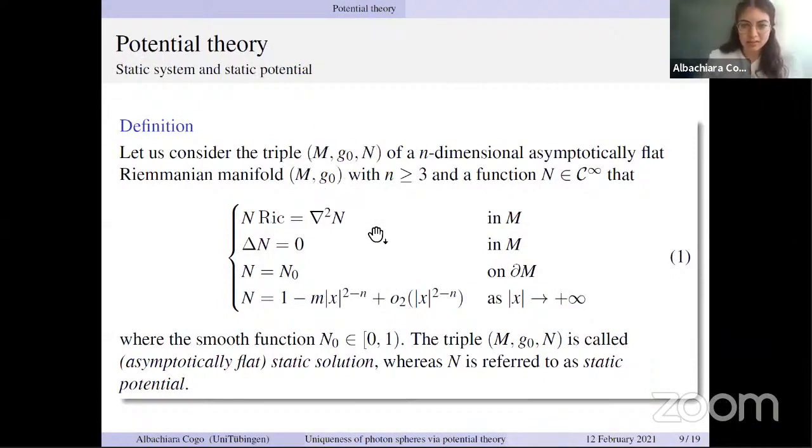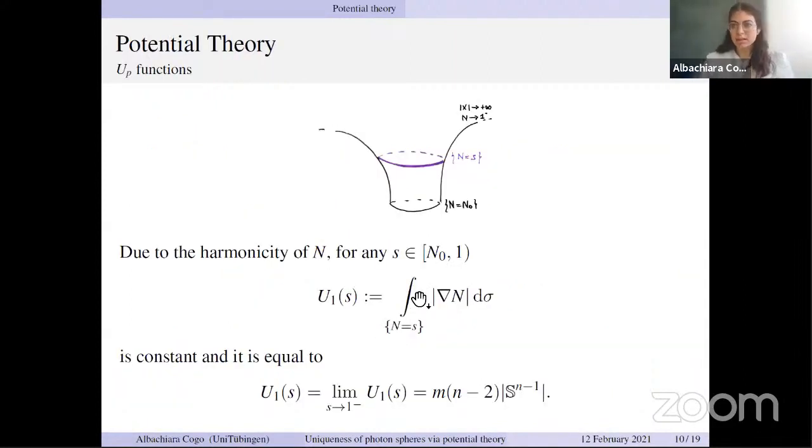Okay, so in this setup, Agostiniani and Mazzieri in their potential theory papers started from this function u1, which is a function of s that goes from n0 to 1 and identifies the level sets of n across our Riemannian manifold (M, g). And it's given by the integral over a level set of the norm of the gradient of n.